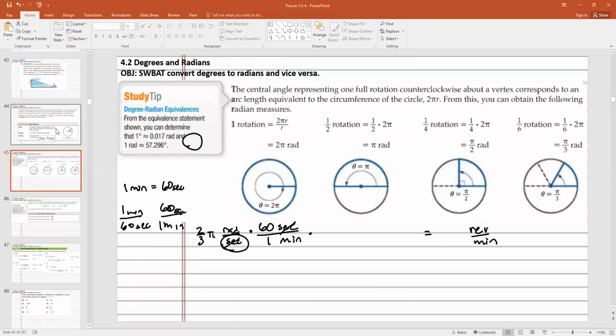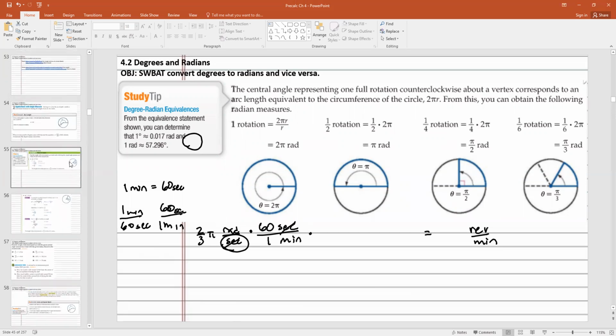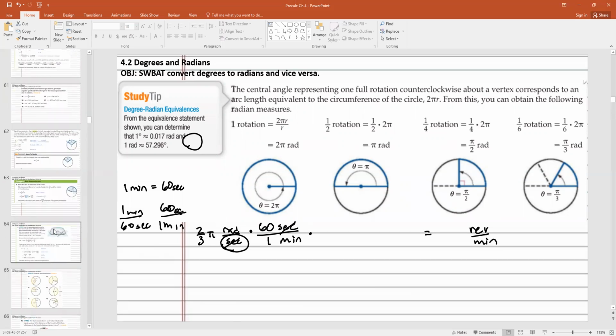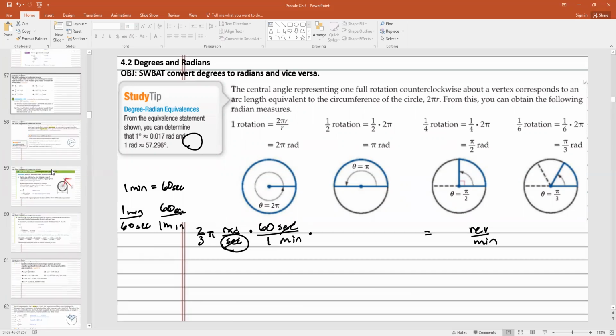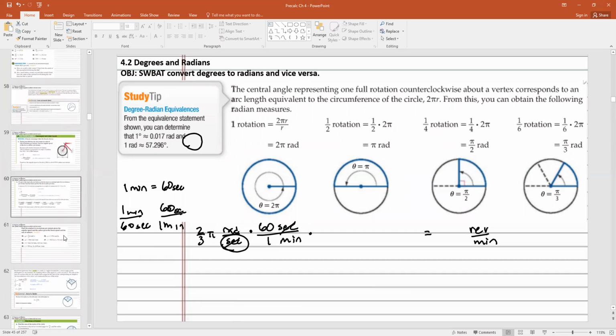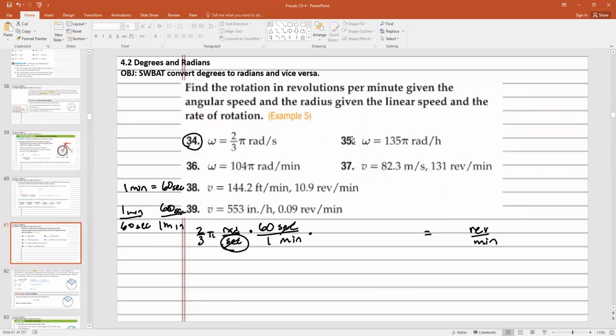Well, one rotation is 2 pi radians. There you go. So one rotation or one revolution is 2 pi radians. So what we want to do is go back to that question. Where was the question? Right here? There you go.